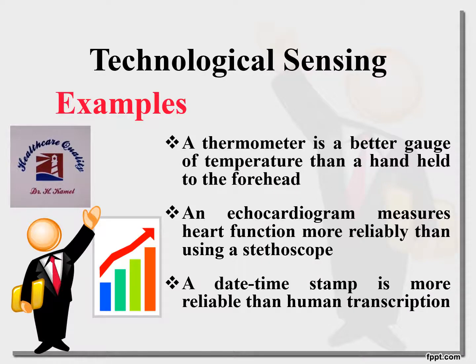In technological sensing, our examples are: a thermometer is a better gauge of temperature than a hand held to the forehead. An echocardiogram measures heart function more reliably than using a stethoscope, and a date time stamp is more reliable than human transcription.